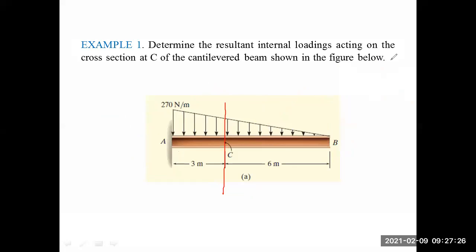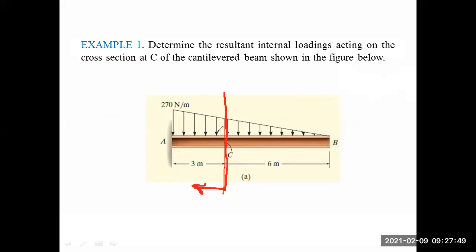So basically, now it's our free body diagram. We know how important it is to make use of the so-called free body diagram. Can we get the internal forces without having this free body diagram? Can we solve this internal force? No. You have to make use of the free body diagram.